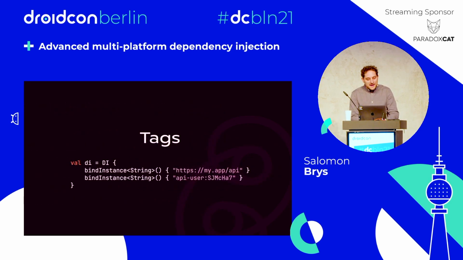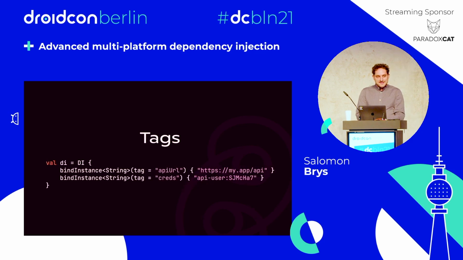So what if you bind twice the same type? For example, here I'm binding two strings. One is the base URL of my API, and the second is my credentials. So this will, of course, lead to an error, because you cannot bind twice the same type. So you need to differentiate them. And for that, you can use tags. Tags is just a way to say, OK, I want a string, but I just don't want any string.